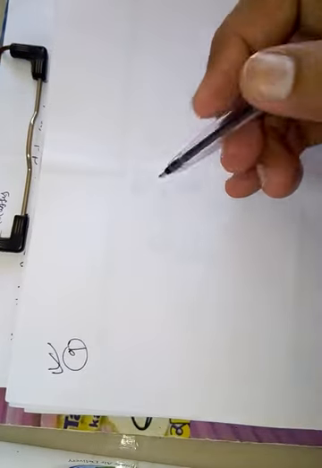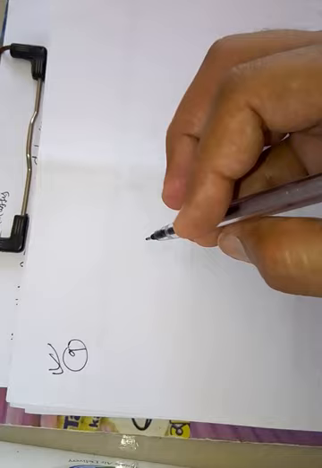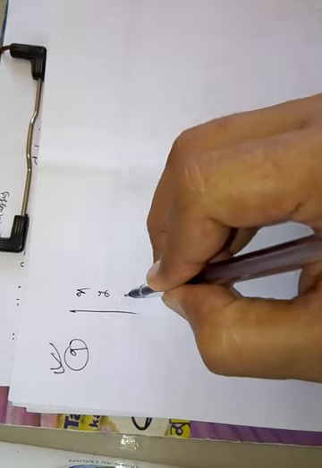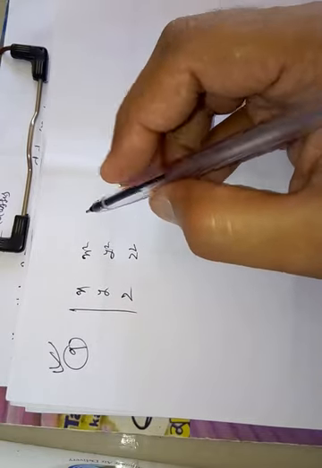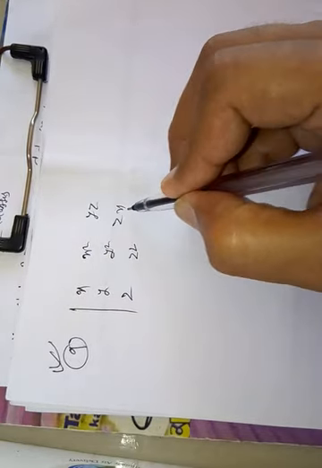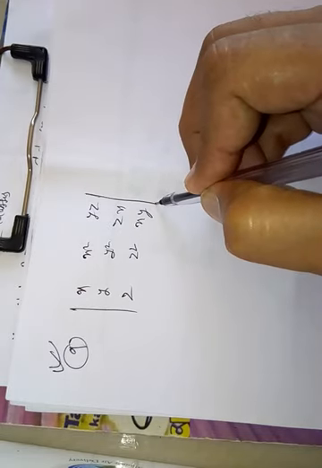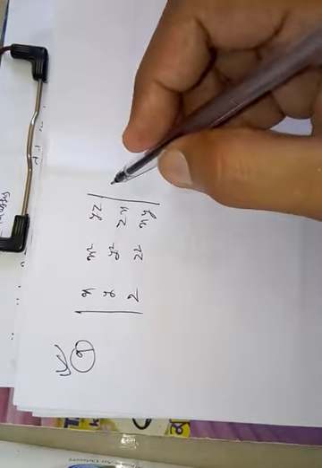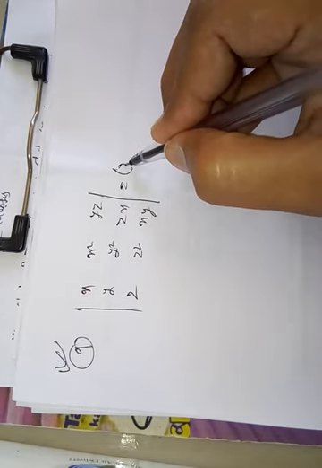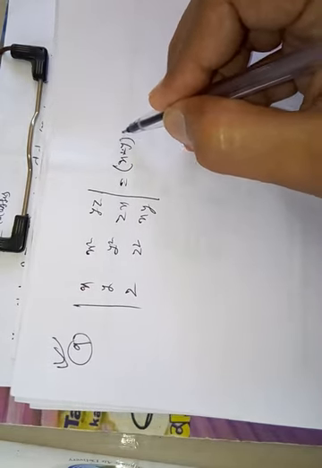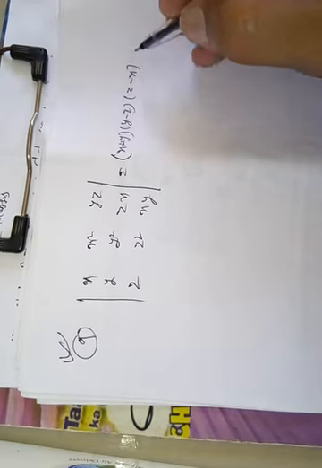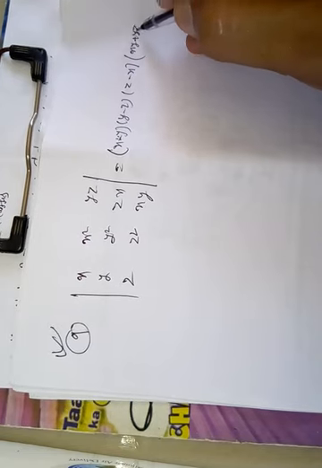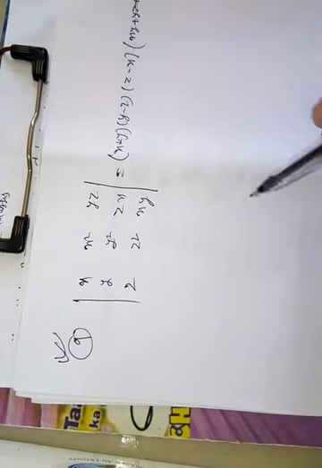The determinant with rows x, y, z; x square, y square, z square; and yz, zx, and xy is equal to (x minus y)(y minus z)(z minus x)(xy plus yz plus zx). This is the equation.